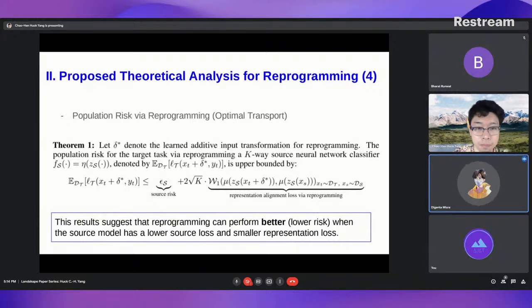If you imagine these to be finite sets, like the source data being a finite set and the target data that you have being a finite set, does this theorem account for the distance between the two finite sets at all? Can you clarify why finite is in your definition?